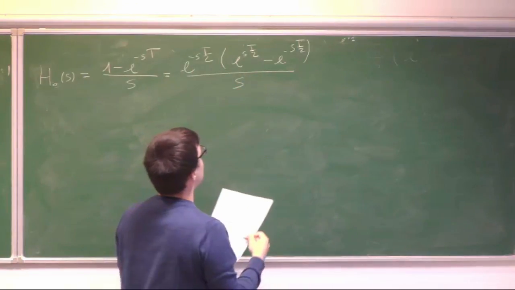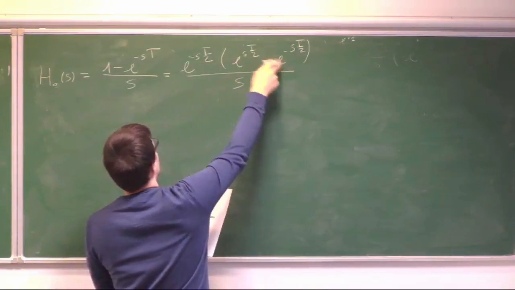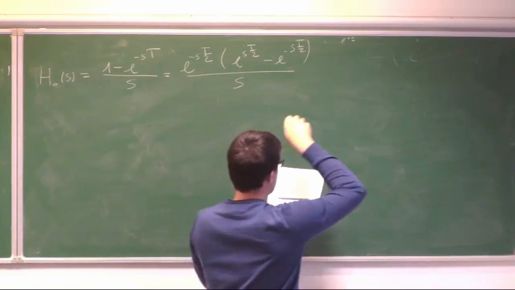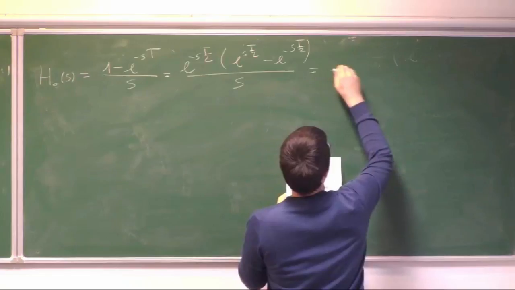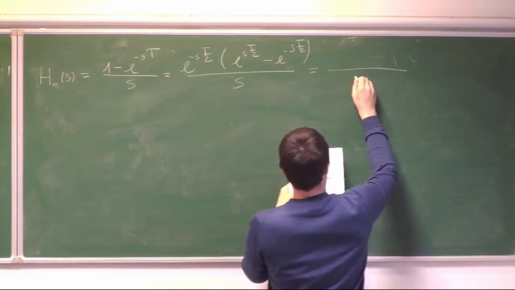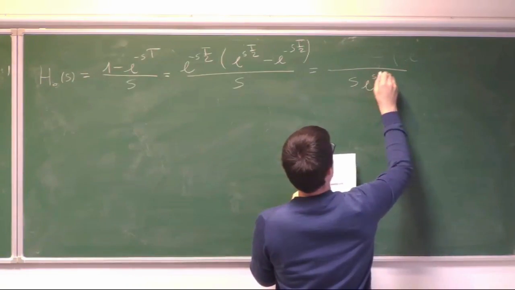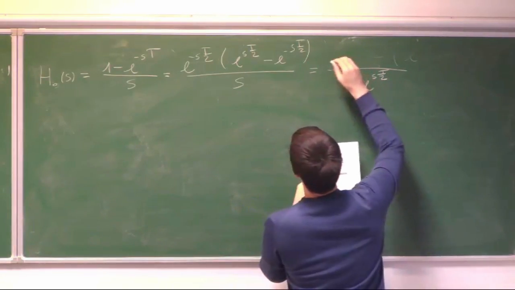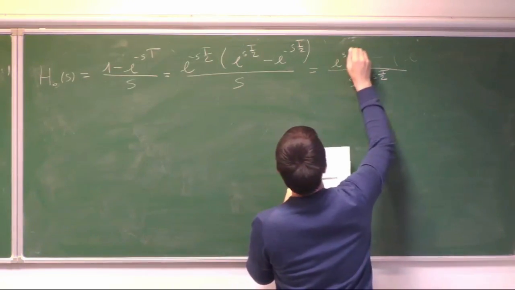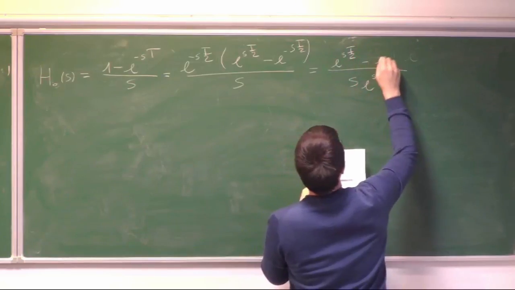And you see that if you multiply this by these two terms, you get back the same expression as before. Now at the denominator, we have s e to the power of st over 2, and at the numerator, we have what is left.